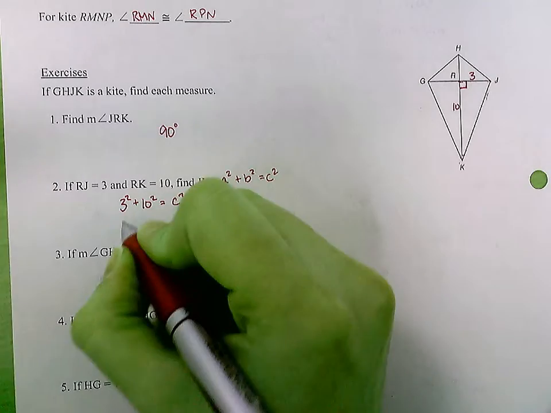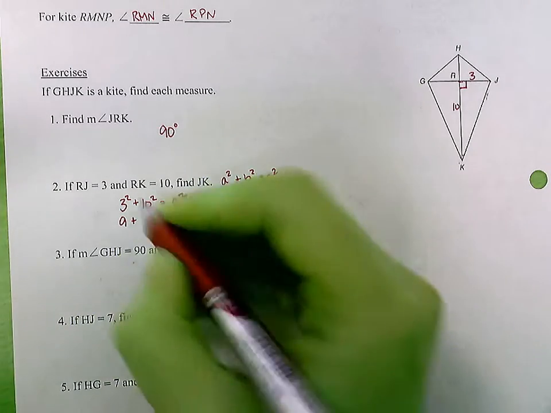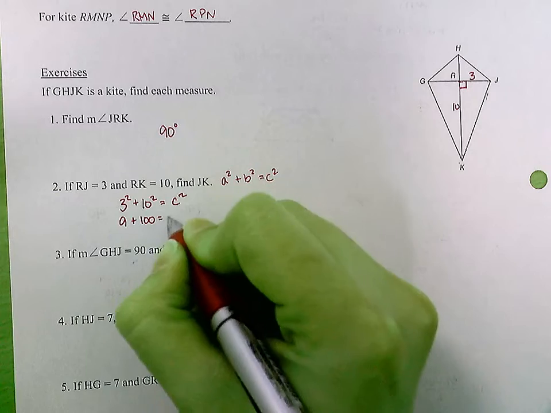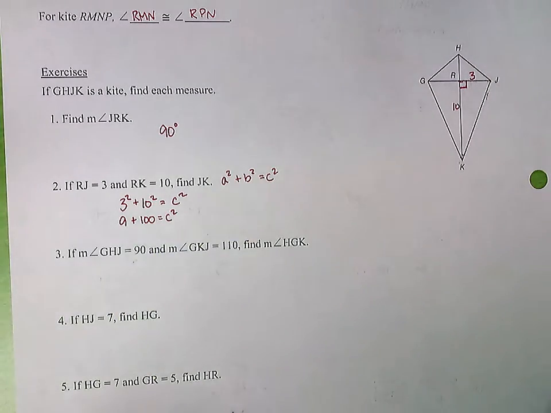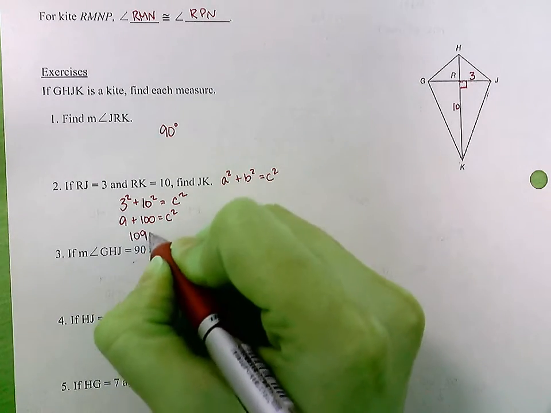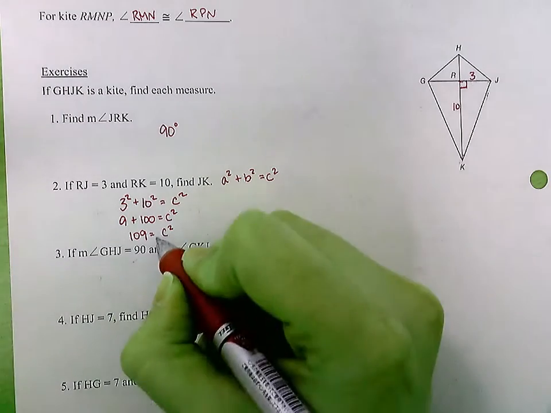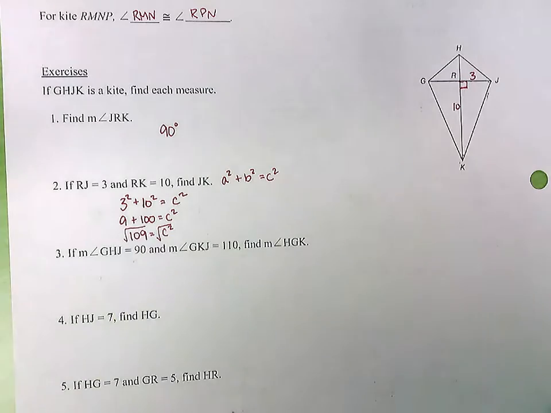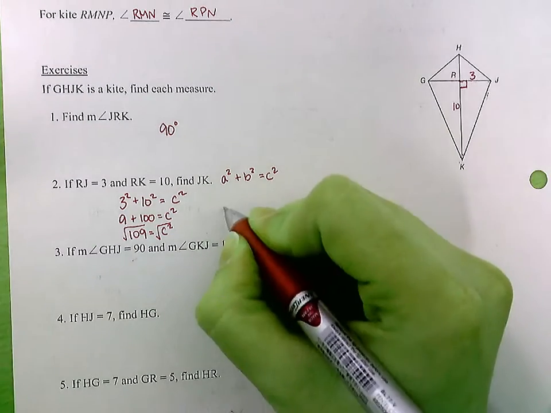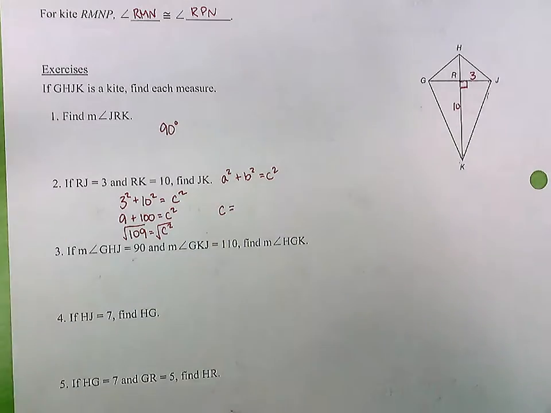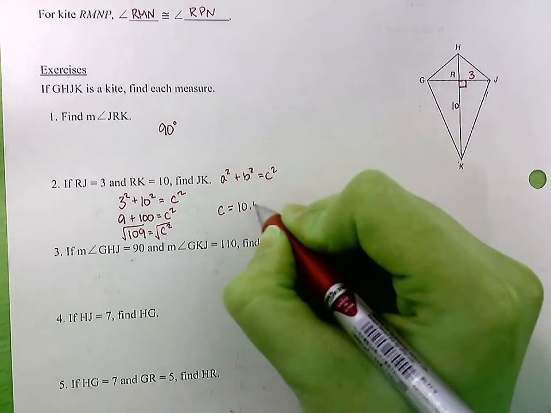So 3 squared is 9 and 10 squared is 100. So I have 109 equals c squared. I want to take the square root of both sides to get c by itself. So c will be about 10.4.